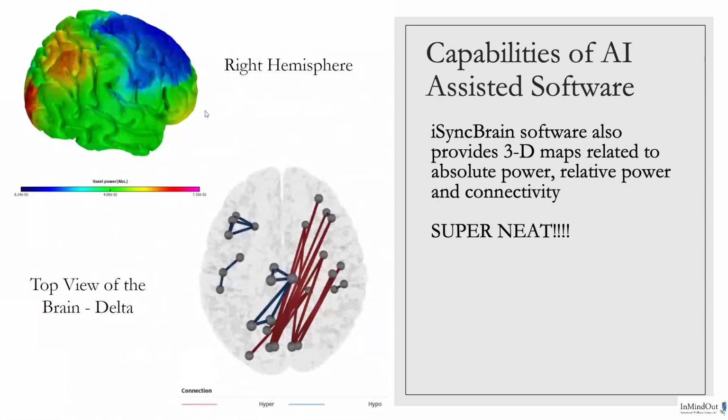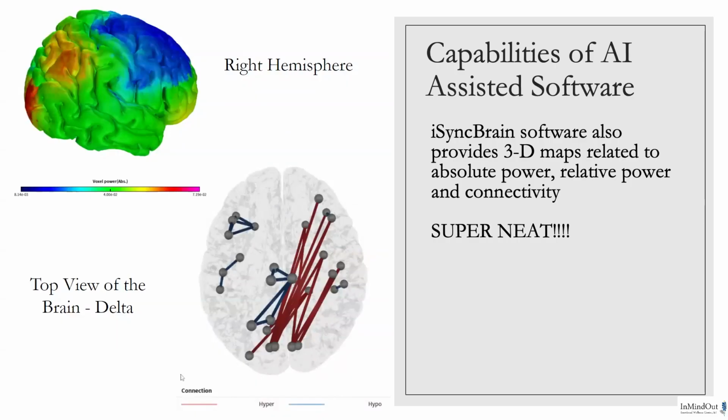or it's not the place of highest activity or lowest activity, but it doesn't compare somebody to a normative database. So at this point, you can't say that this is normal compared to a normative database. This is an individual map, and it's just as helpful as looking at a normative database comparison, in my opinion, once you understand how to look at this.